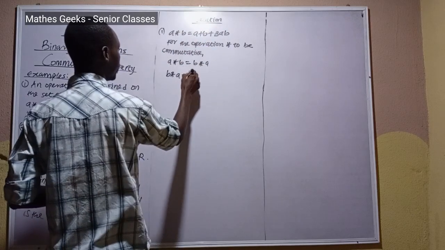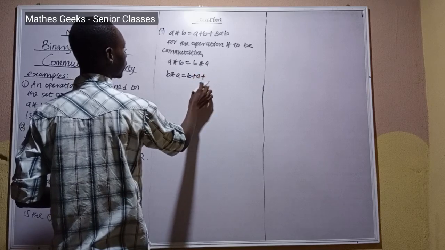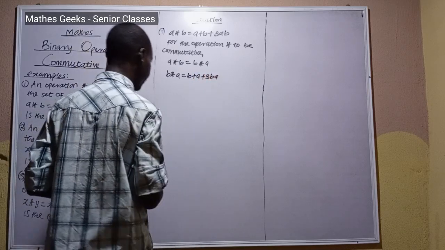So now it's going to be B plus A plus 3BA.